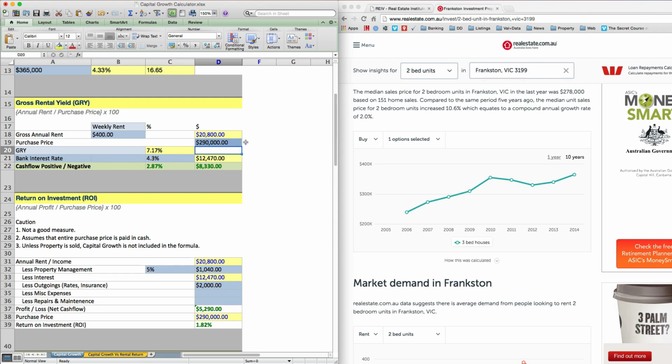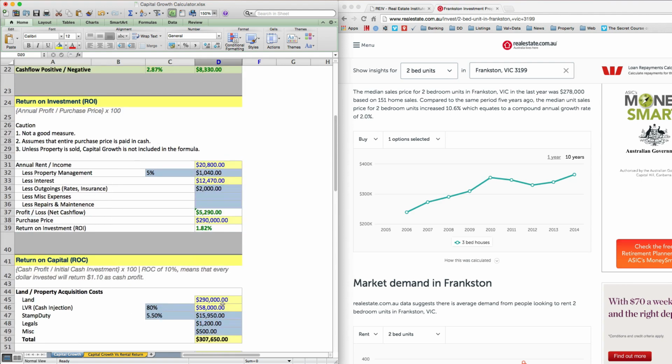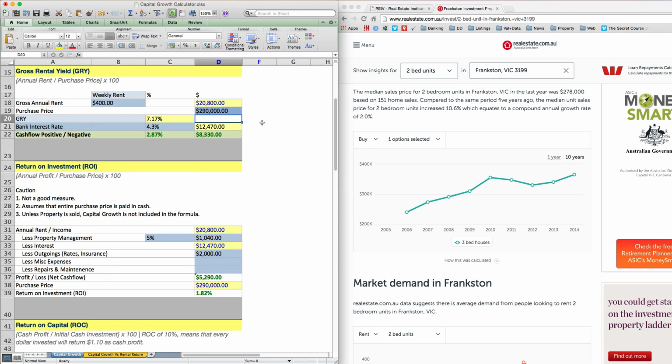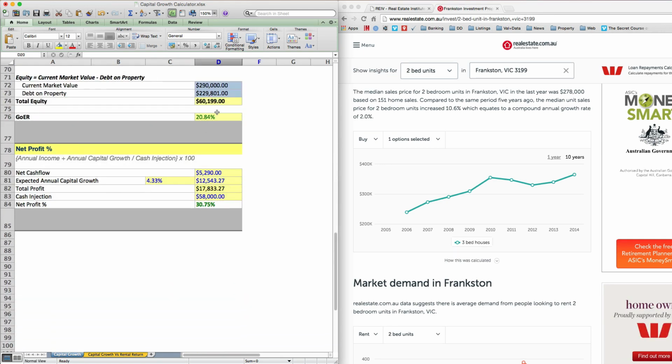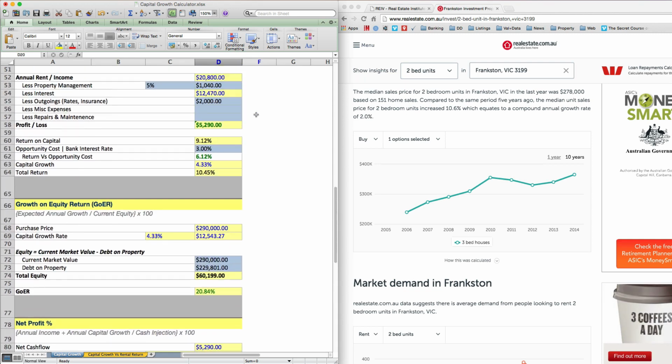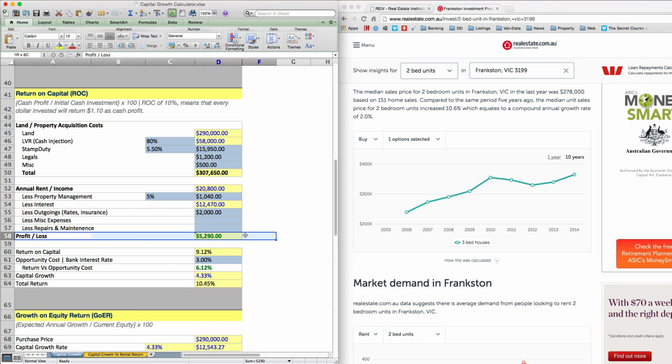So that $60,000 that they were supposed to put in on their own was actually the profit that they would have made from day one. And if you put 290,000, you'll see how the return on everything just goes up. So now that actually makes sense, because then you also know that it is positive for the year.